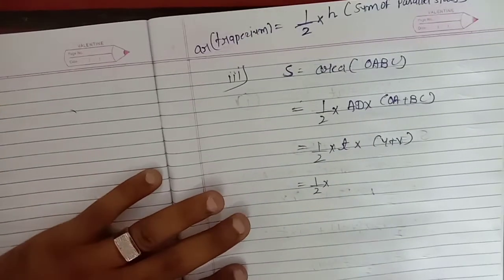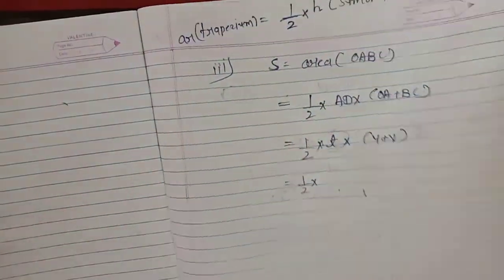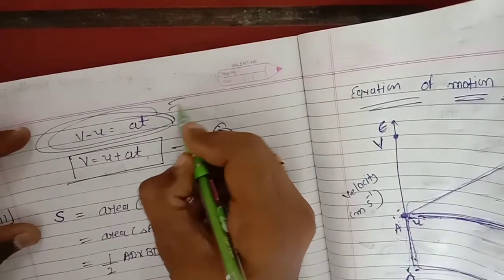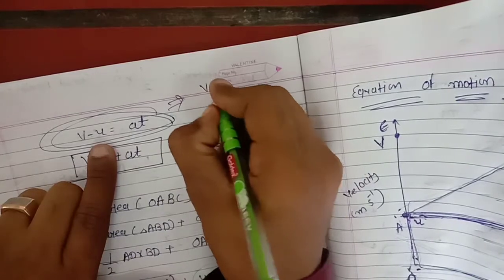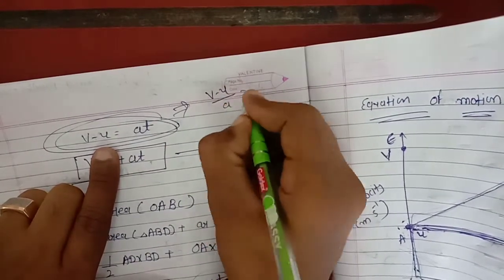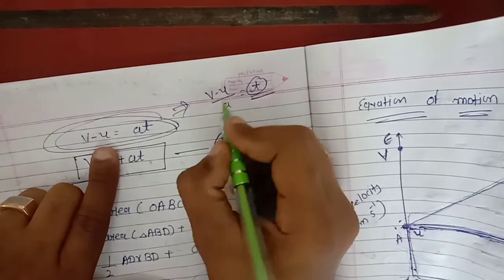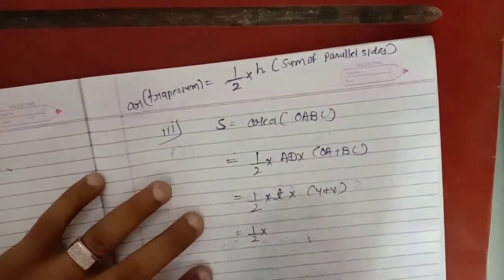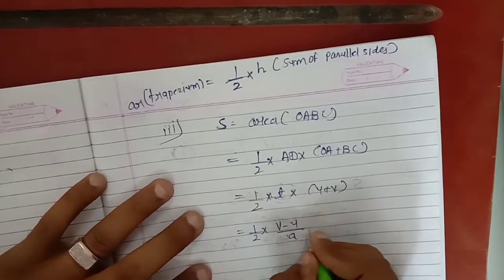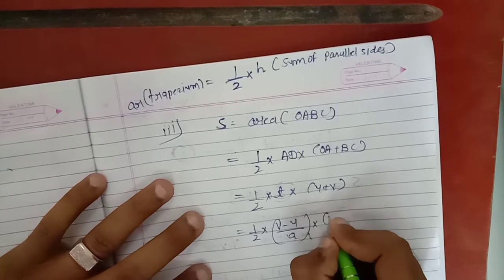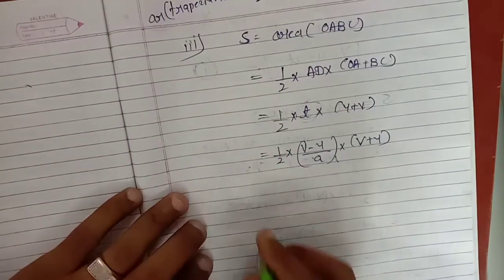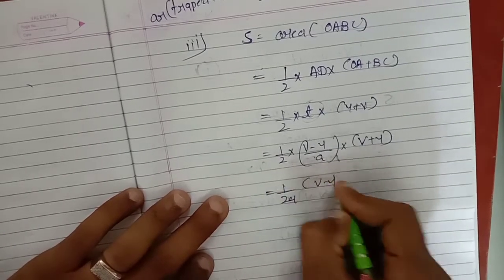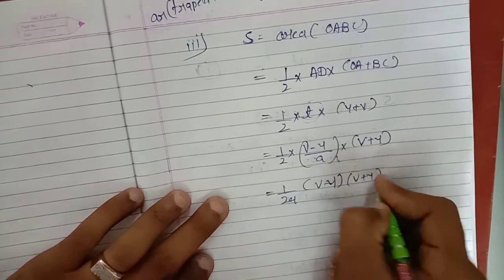1/2. See here, from this equation we write (V minus U) upon A is equal to T. Instead of T we have to write this: (V minus U) upon A. This one is U plus V, or V plus U. This becomes 1 upon 2A, (V minus U)(V plus U).